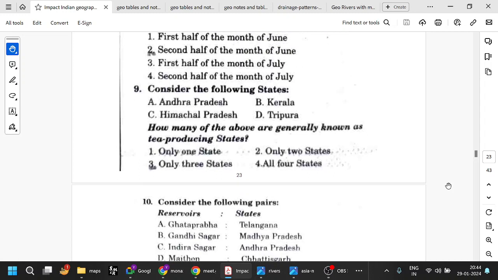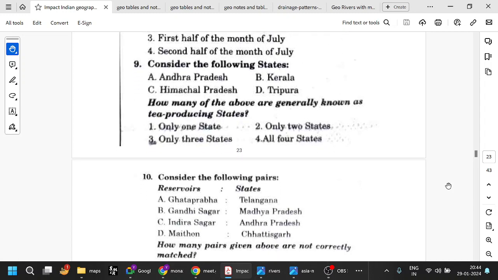So consider the following states: Andhra Pradesh, Kerala, Himachal Pradesh, Tripura. So again, tea producing states. Andhra Pradesh is known for coffee in Araku. Karnataka, Coorg is one of the largest producers of coffee. Chikmagalur, etc. And Kerala has tea plantations.